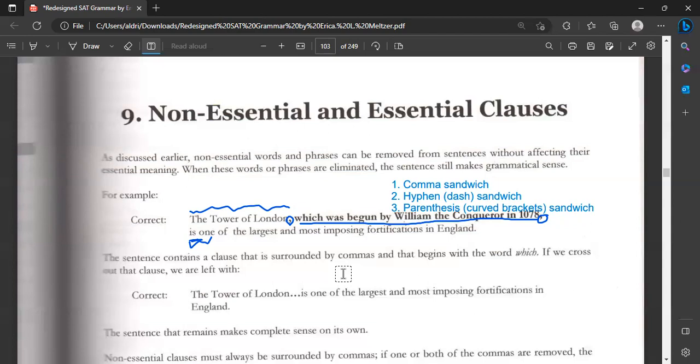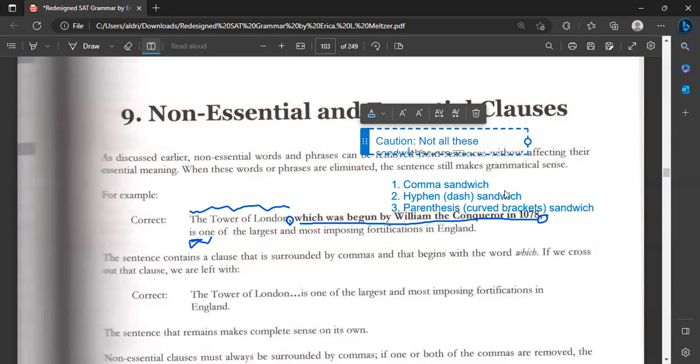One question I'll tell you guys is, I'll put it right here. Again, in case anyone is writing this, a good question is that not all these sandwiches denote non-essential clauses.